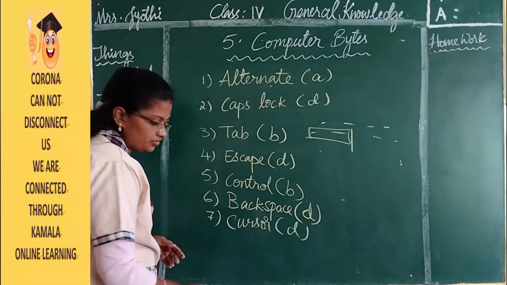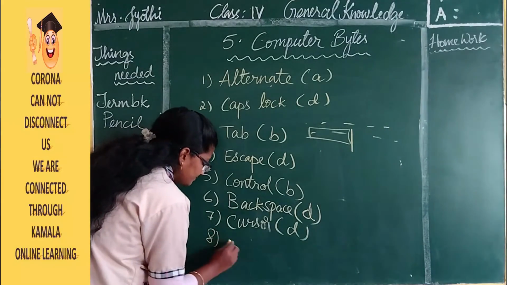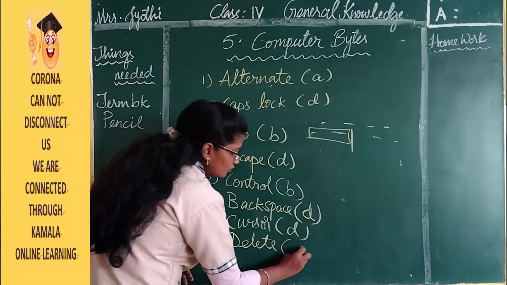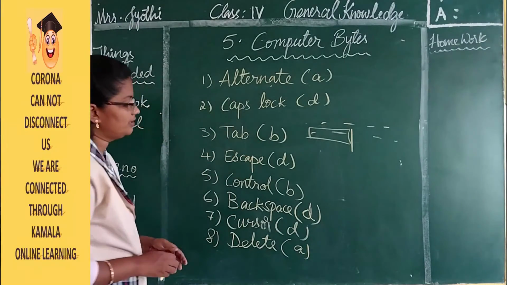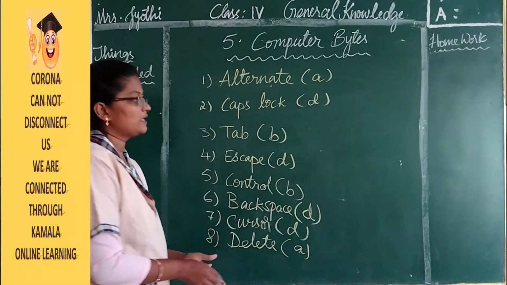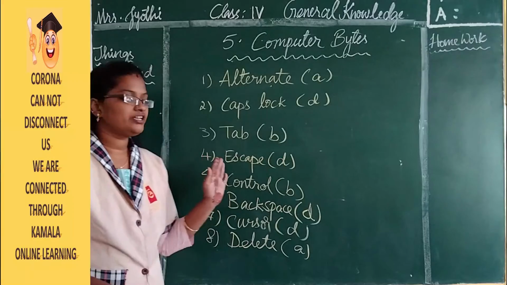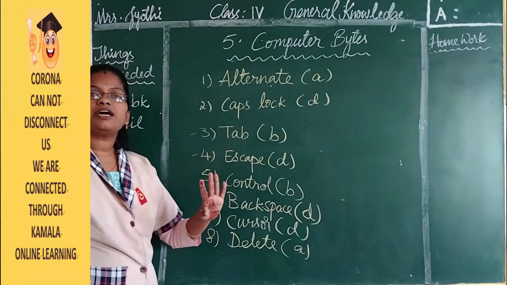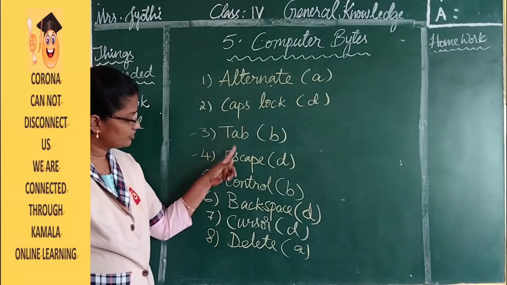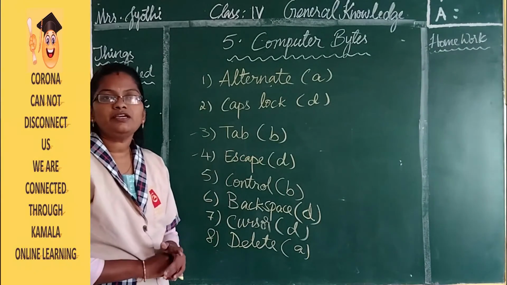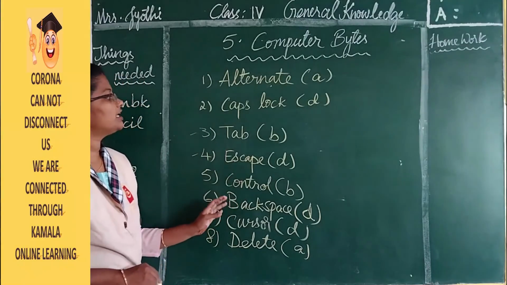Here we are going to use the delete key, and it is option A. Whatever text you have selected, for example I have selected the third and fourth, and I want to delete them at a time. I select these two and press the delete key so that the text will be removed.